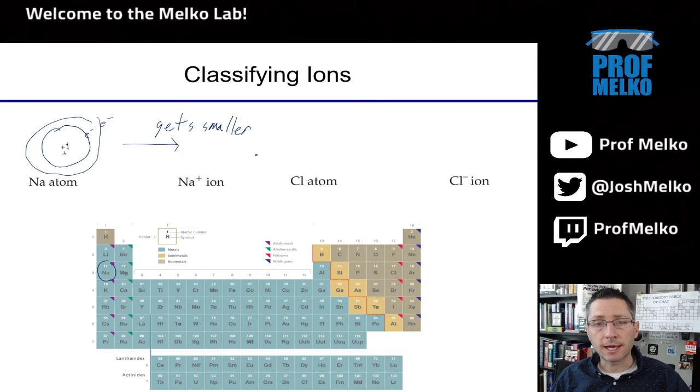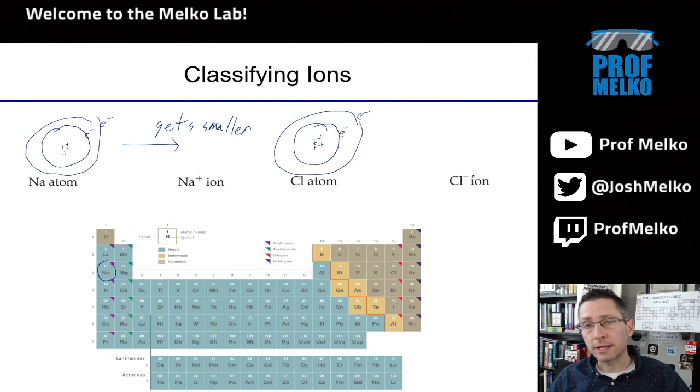You can contrast that with a chlorine atom. Again, there's a bunch of protons in here. There's some electrons out here. If I'm going to add more electrons, they live further out. And so this atom gets bigger.